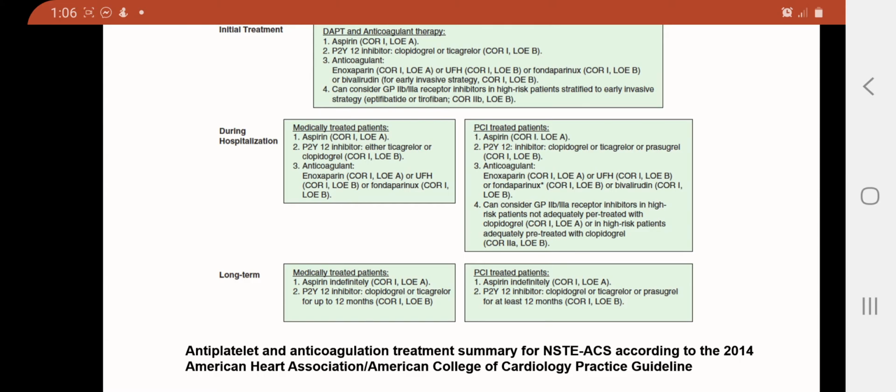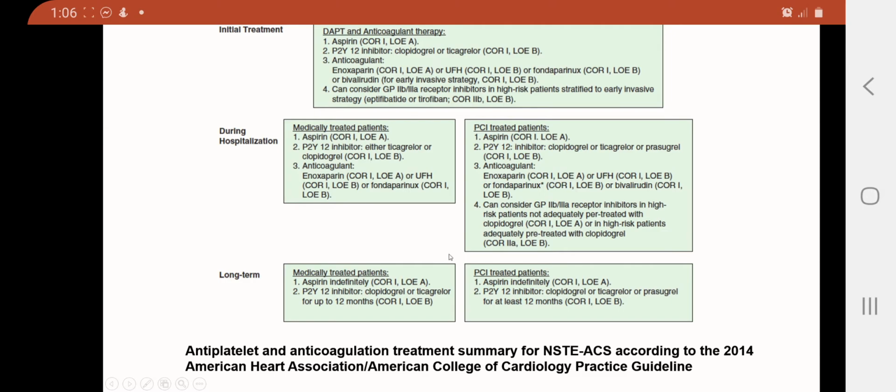During hospitalization, again, you can give aspirin and then clopidogrel and anticoagulant. For PCI-treated patients, again, aspirin, clopidogrel, anticoagulant, and GP2B3A inhibitors.